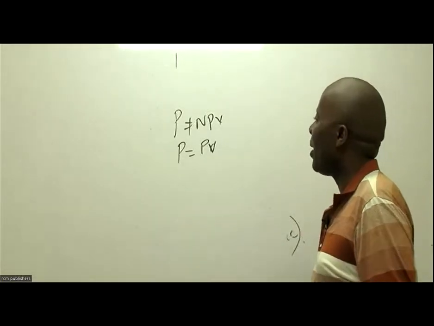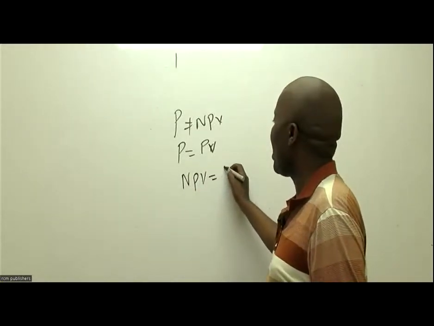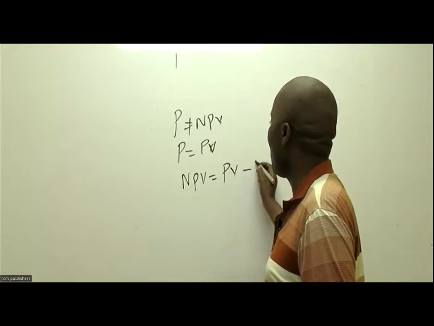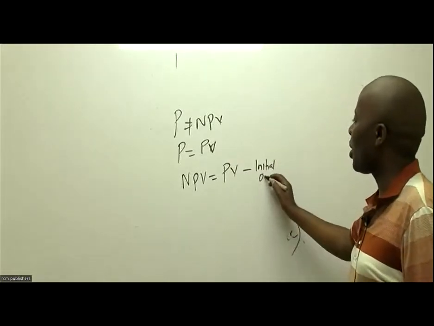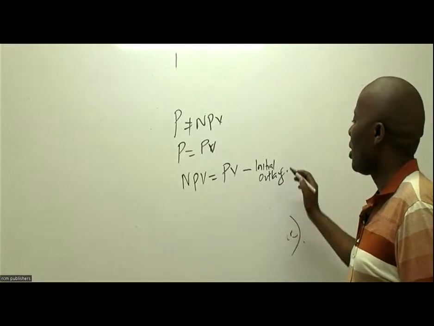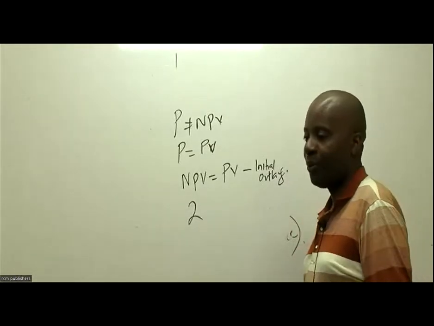And remember that to get net present value, we normally take the total present value minus initial outlay. So they have given us net present value, which is 2.